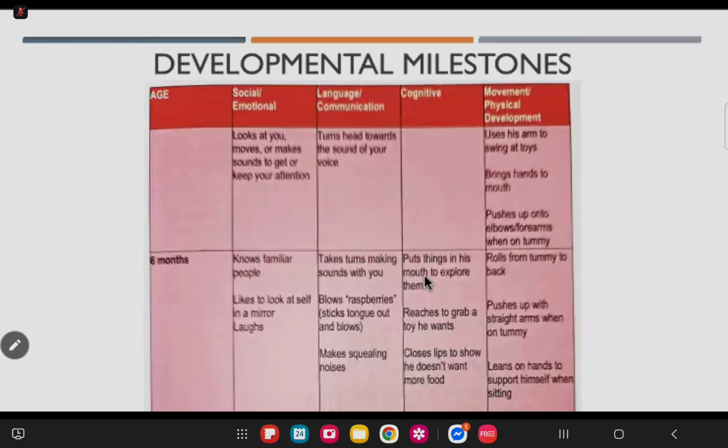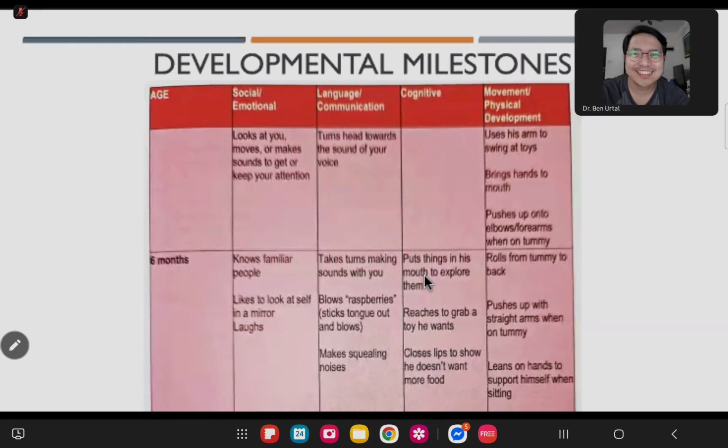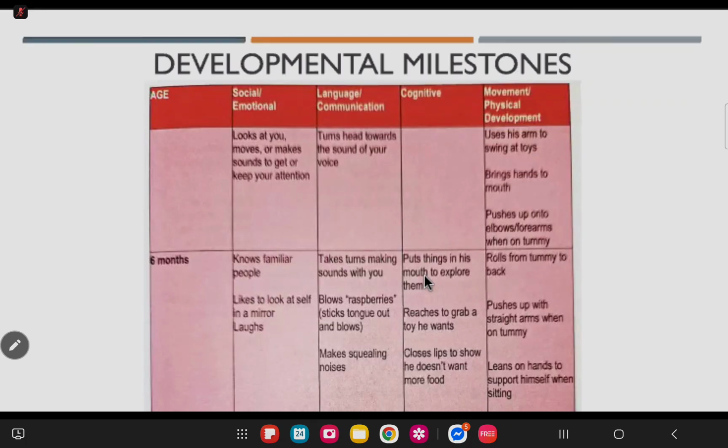So usually when you have a baby or an infant who does not roll over readily at 6 months, this can be a sign of a neuromuscular problem, but not all the time. Okay, some may be delayed for a few, like 2 months or maybe a month or more, but it's expected at 6 months, 7 months, 8 months, they can already roll over. Okay, from tummy to back.